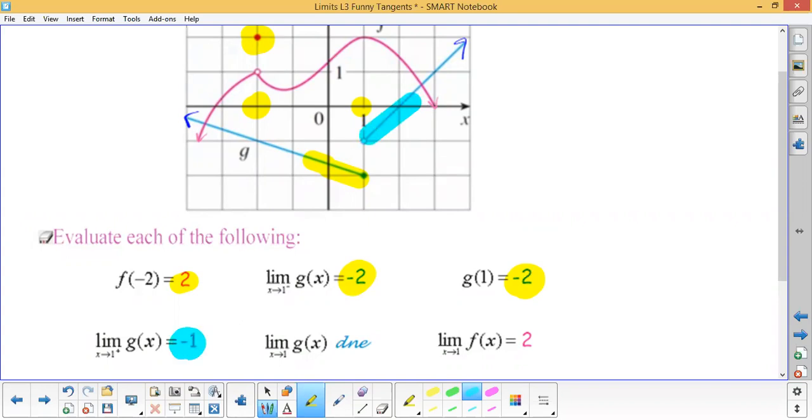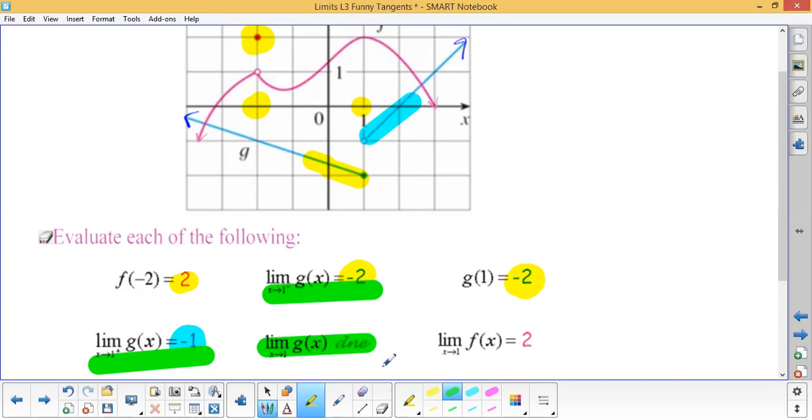This time, the limit of the function from the right is -1. So because the limit from the left is different from the limit on the right, that means that the limit of g of x when x approaches 1 does not exist, DNE.